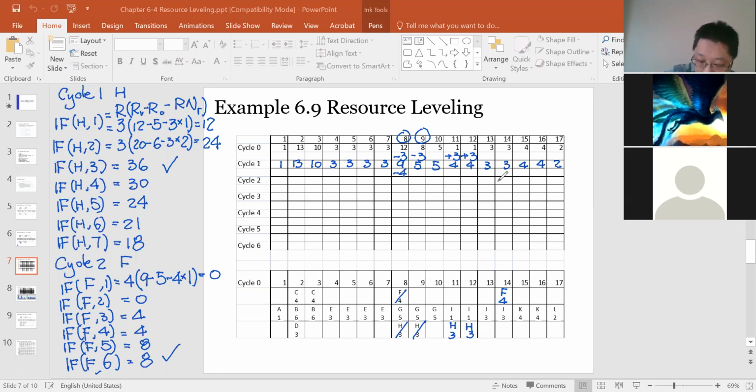On day 14, we plus 4. So after this cycle, our distribution changed to 1, 13, 10, 3, 3, 3, 3, and 5, 5, 5, 4, 4, 3, 7, 4, 4, 2. So that's after 2 cycles of analysis.